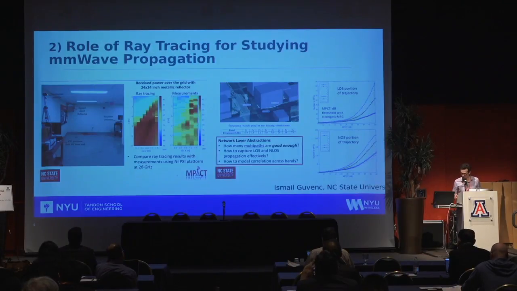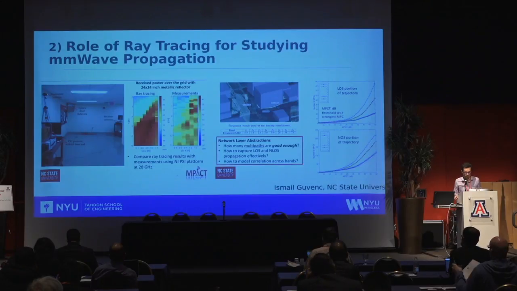And then Ismail from North Carolina State University talked about the role of ray tracing for studying millimeter wave propagation. And he brought up questions like, how should we model small reflectors at millimeter wave bands? How to accurately capture real-world propagation behavior with simulations? How many multipath components are good enough?